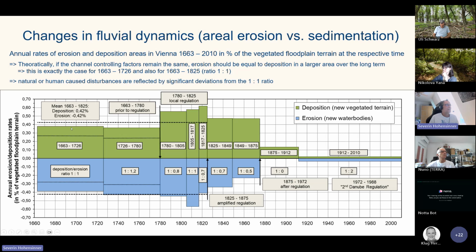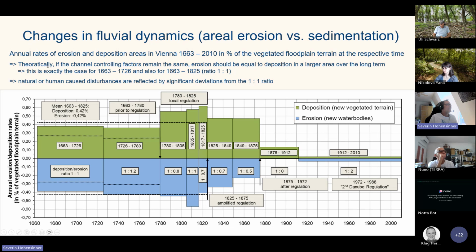The same like before, we see green, the deposition, new vegetated terrain that had developed, blue erosion, new water bodies that have developed. And you see here the time axis, and here it is calculated, standardized as percentage of the vegetated floodplain terrain.